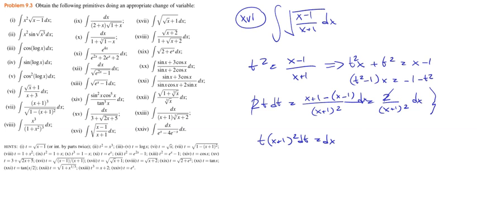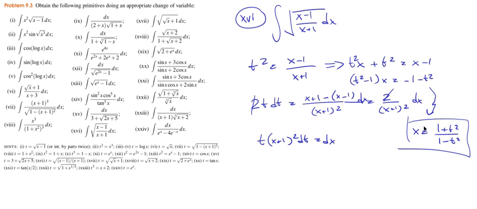So in other words, x is equal to 1 plus t squared divided by 1 minus t squared. This is what you have, right?